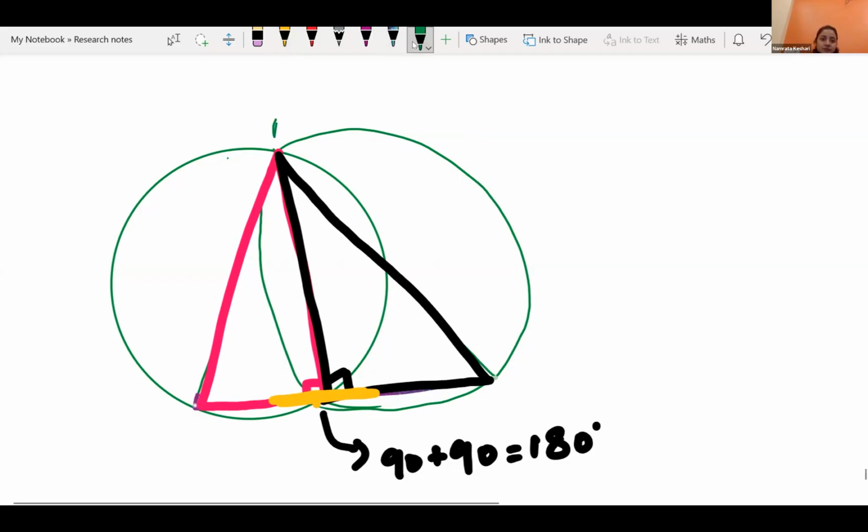Yes, ma'am. Okay, A, B, C. Here you can say D is the point of intersection. Now here we know angle ADB is equal to 90 degree, angle in a semicircle.